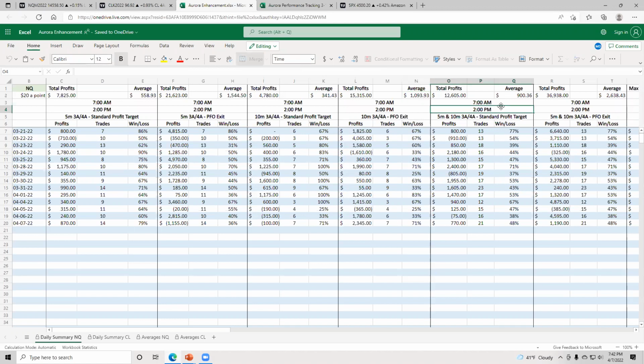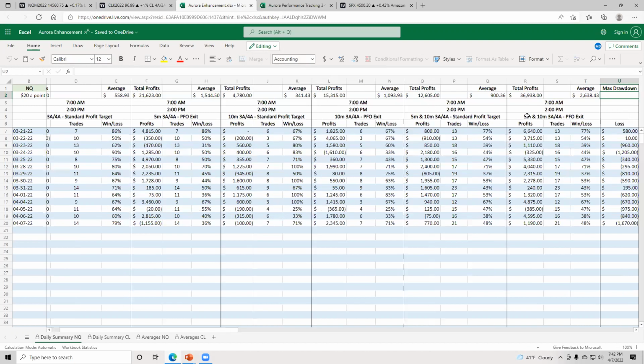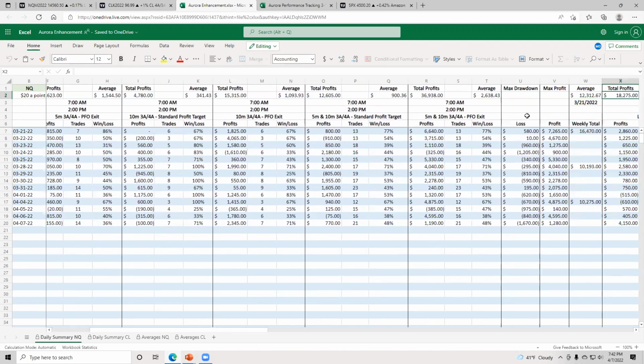And then we have the combination. If you traded the 5-minute and 10-minute looking for standard profits, it's 45 points a day, $900 a day.